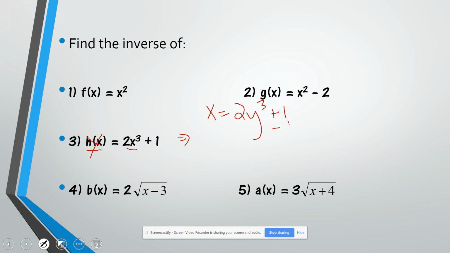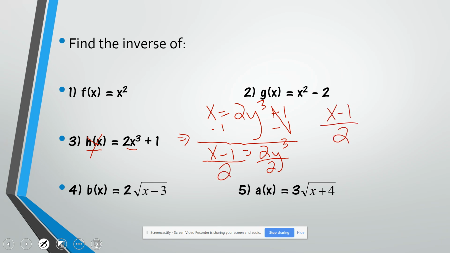Let's start with subtracting 1 from both sides. X minus 1 is equal to 2y cubed. Divide by 2. So x minus 1, all divided by 2, is equal to y cubed.